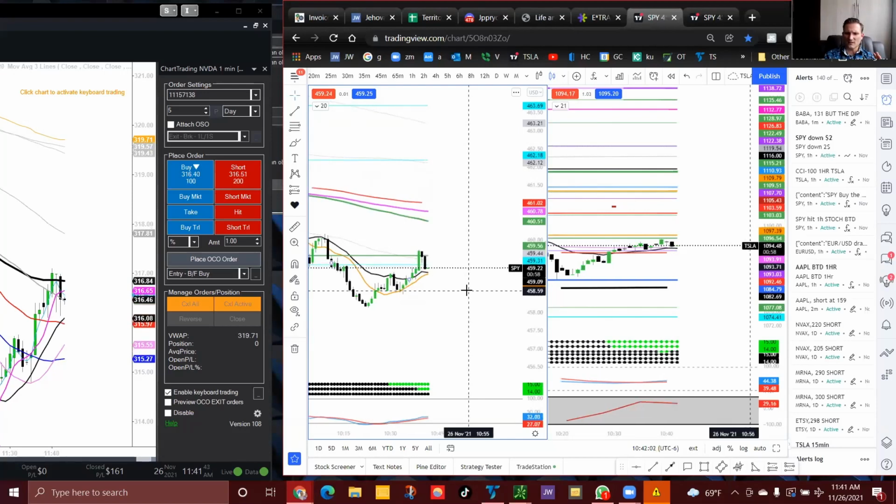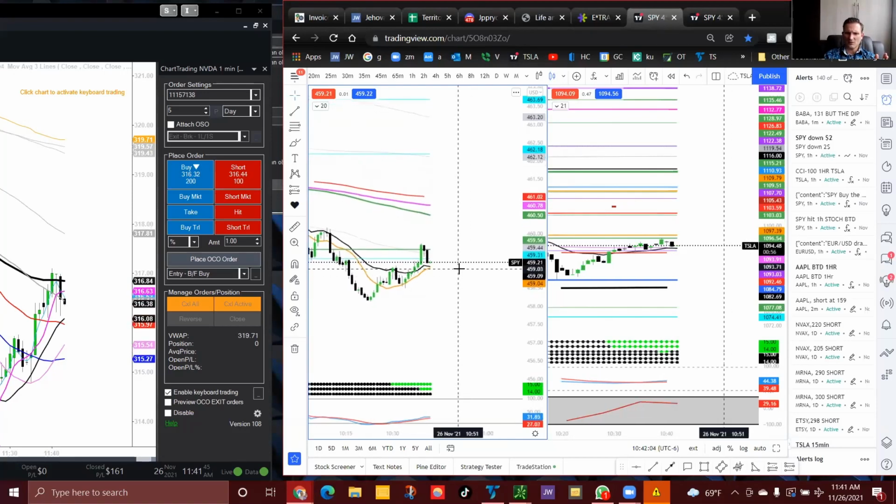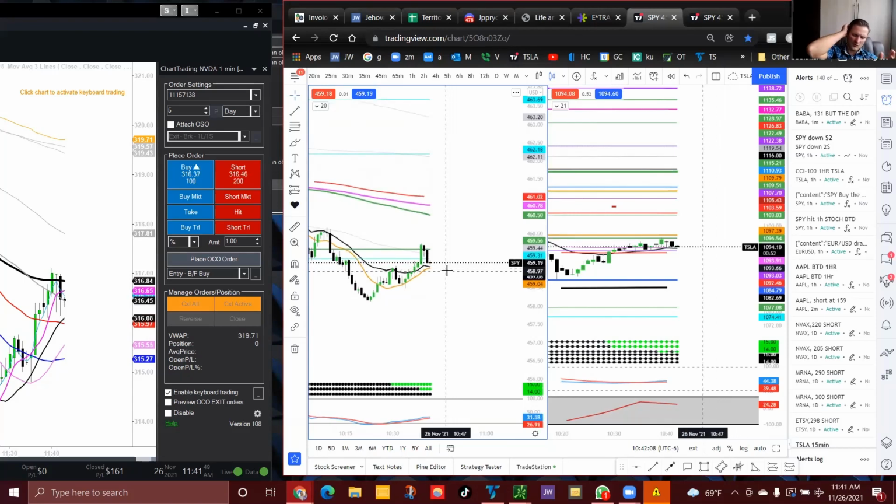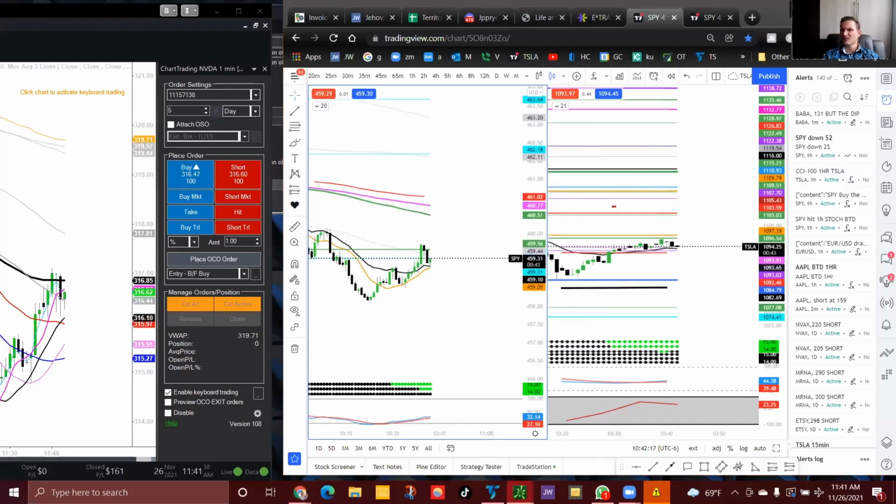If we can get back below them with rejection candles into the 358s, look for more downside. But again, low volume. Don't be surprised to see the computers come in and try to rescue SPY later in the day, just like they did on Wednesday. Remember Wednesday, we were expecting that to happen.